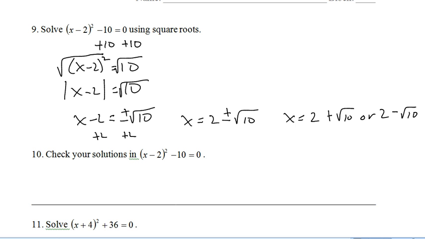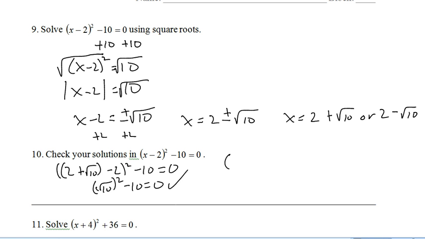Okay, and let's do our checks. Root 10 squared minus 10, 10 minus 10 is 0.